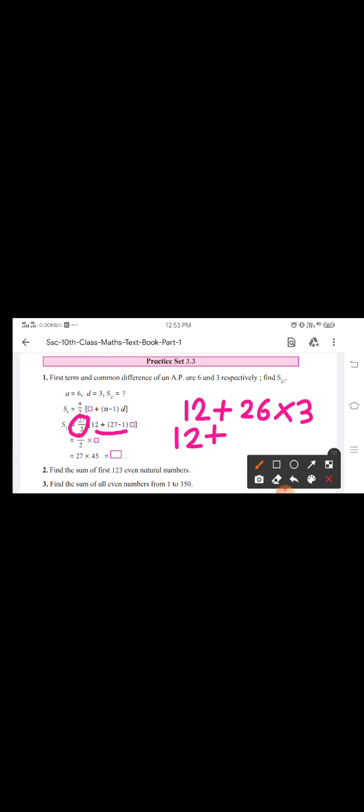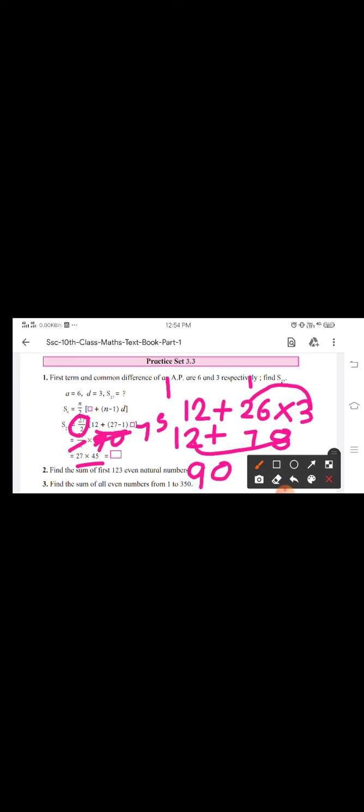How much? 6 threes are 18, 8 and 1 will be carry, then 2 threes are 6, and 1 makes 7, so 78. Just add this number. 12 plus 78, 8 and 2 will be 10, then 1 will be carry, then it will be 9. So 90, right? So just write 90 over there, and then divide this 90 by 2, so 45, right? They have given it over there.